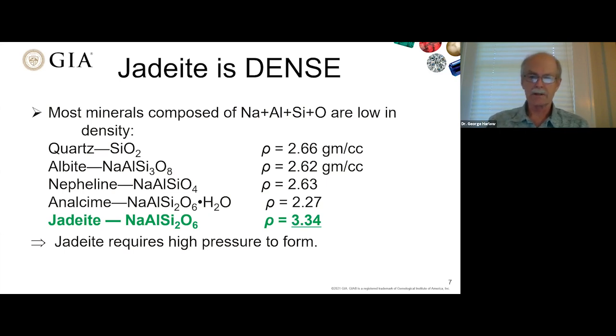Quartz is 2.66 grams per cubic centimeter, albite a little bit lower, nepheline about the same, and analcime even lighter, but jadeite is almost 30% more dense than these other minerals. And what does that mean? It means the jadeite must form at high pressure compared to these other minerals.